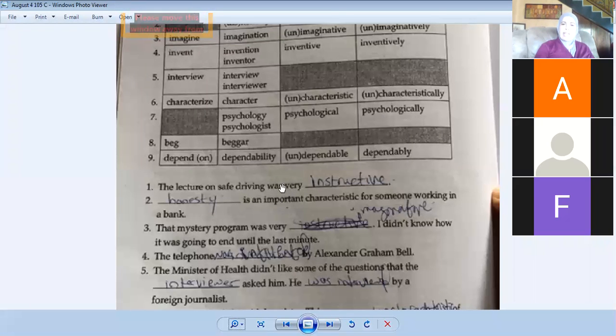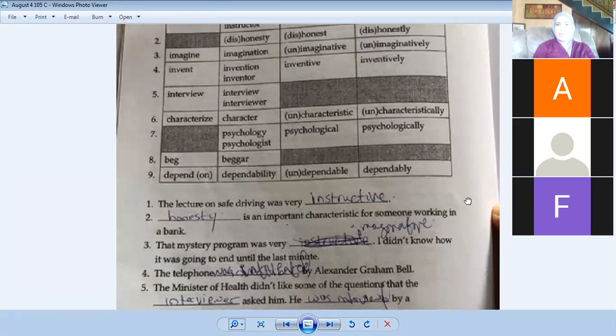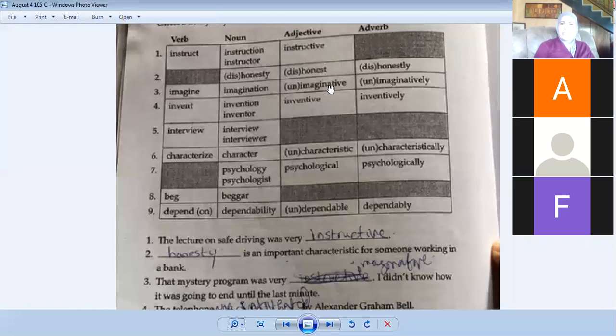Because there's very, usually after it comes what? An adjective. So we choose from these. Was very what? How can I describe the lecture? As instructive, as dishonest, as imaginative or unimaginative, inventive, characteristic, psychological, or undependable or dependable. What do I do? So does anybody want to answer this, guys?